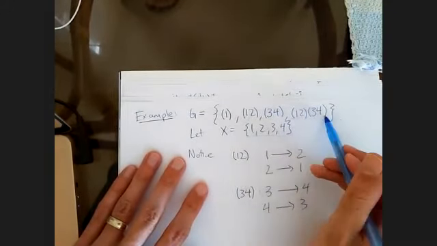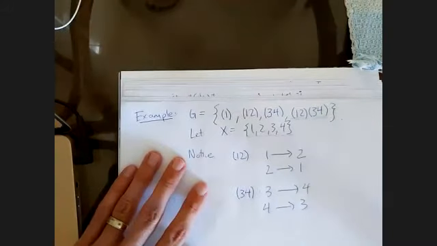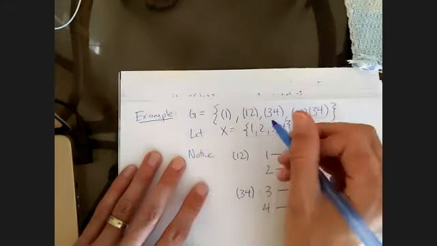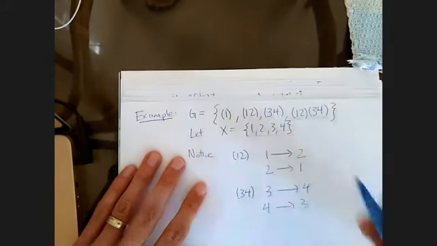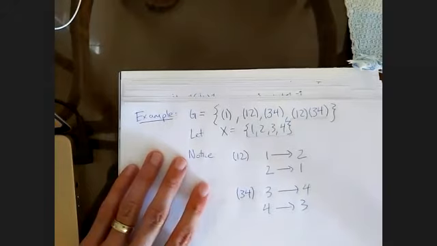And the same thing for this permutation as well. So we can actually break apart X into 2 distinct sets. We'll call them orbits.